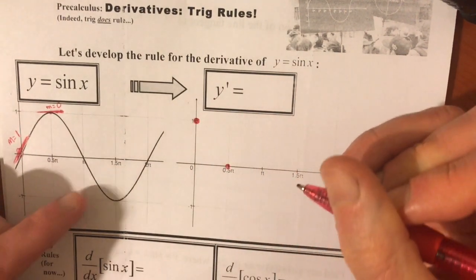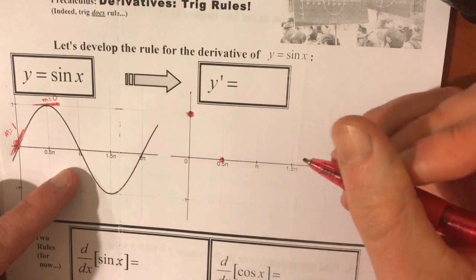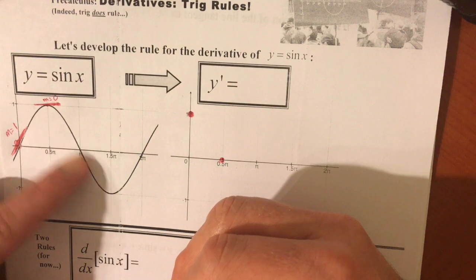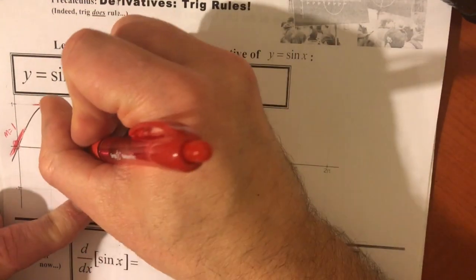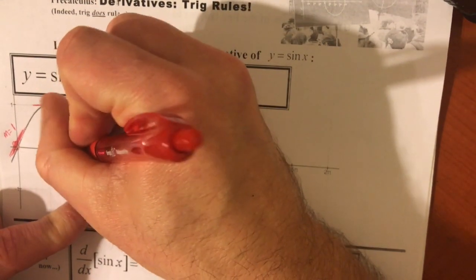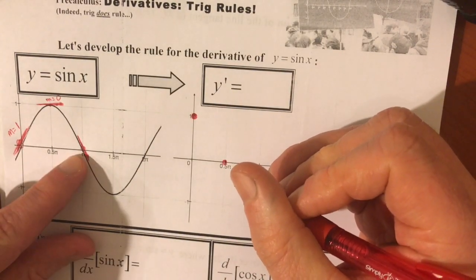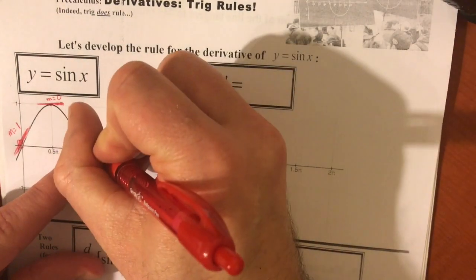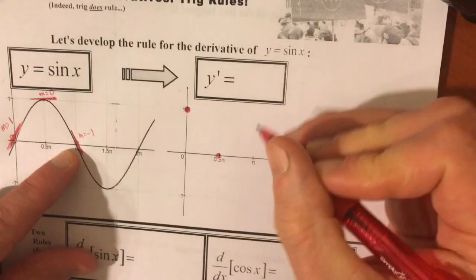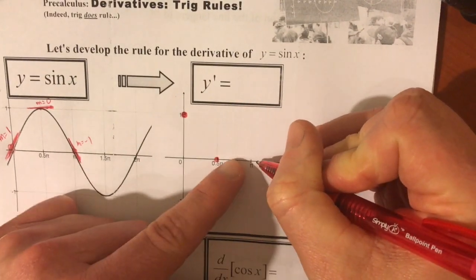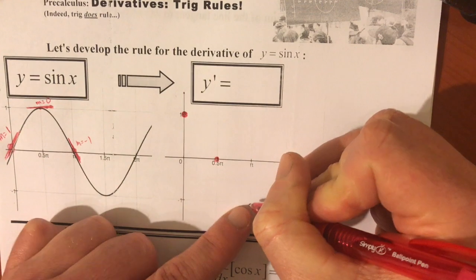That's a big idea, and a little confusing at times, but this is a good way to start to see it. At pi, it's definitely negative, and since it's the same symmetry as this, just negative, that slope is -1, perfectly -1. So at pi, y prime is equal to -1.